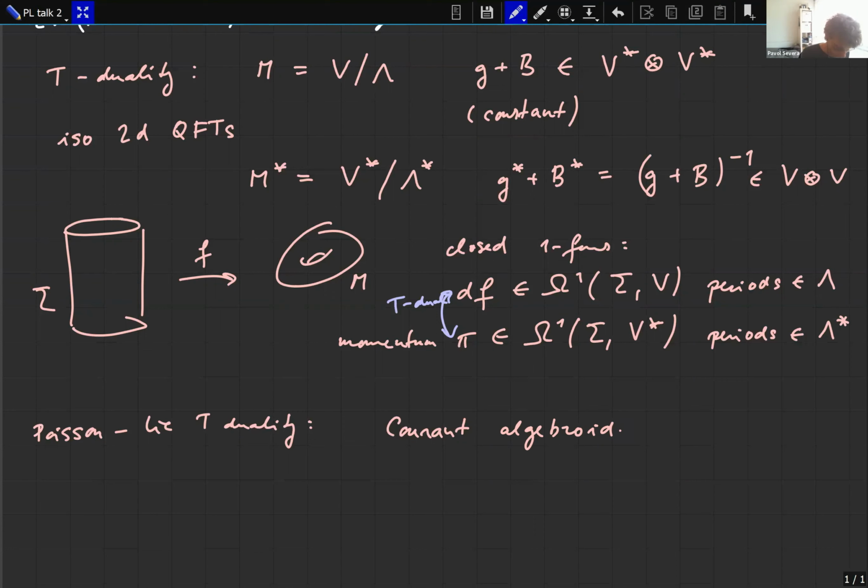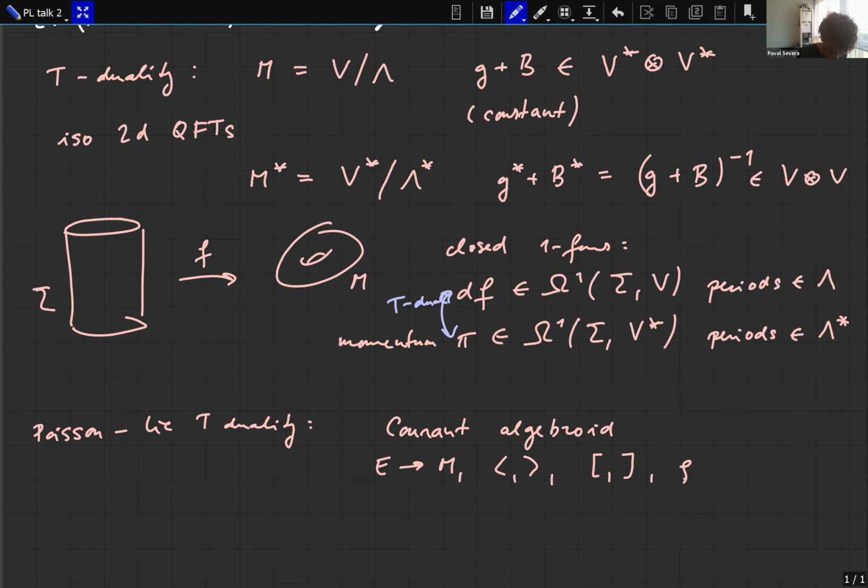So a Courant algebroid is, what is it? It's a vector bundle over some base, equipped with something. There is a pairing just on the fibers of E, and there is some kind of bracket on sections of E, and there is also a way to go from sections of E to vector fields.